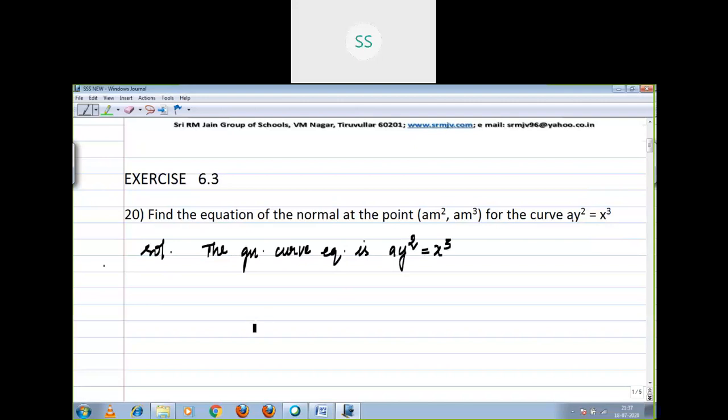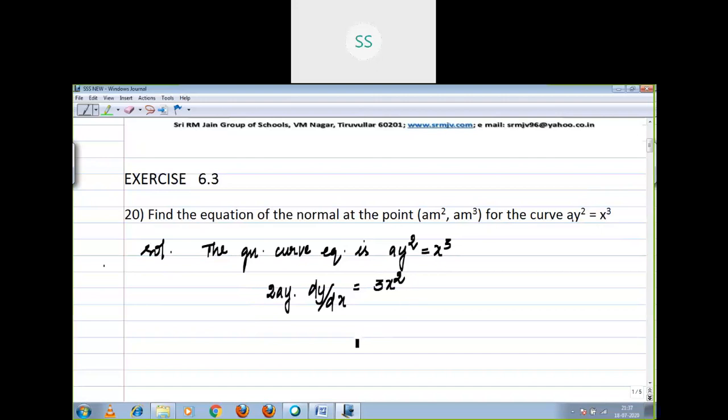You are going to differentiate with respect to x on both sides. So what can you get on the left side? 2ay dy/dx = 3x².